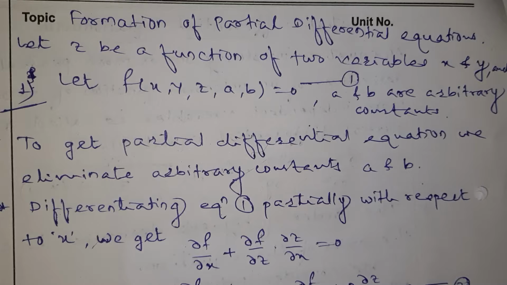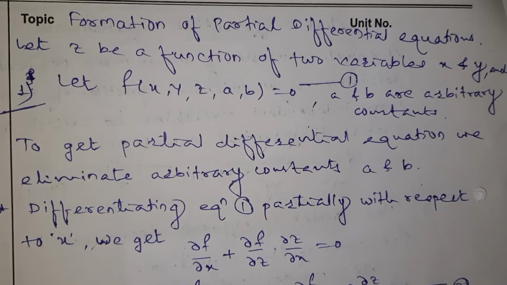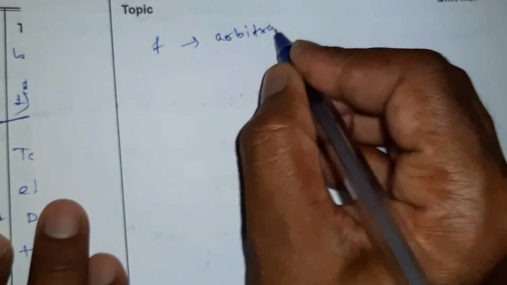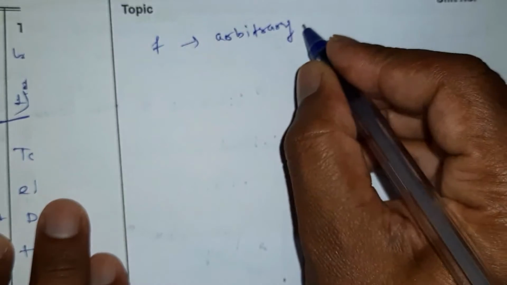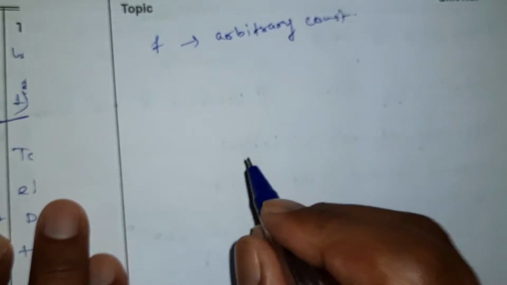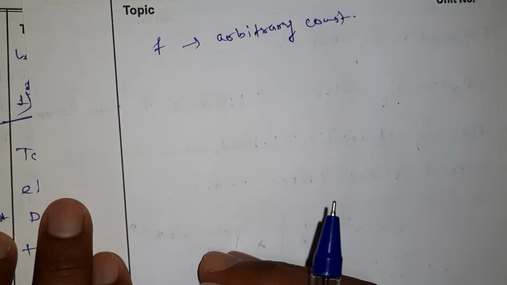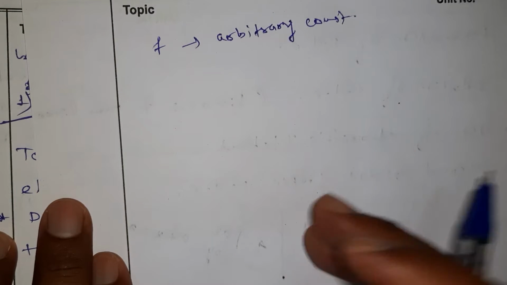Now for the partial differential equation, there are two concepts we have to understand. The first one is a function which contains arbitrary constants. Now you may say that every solution contains arbitrary constants, so we can remove them by differentiating.